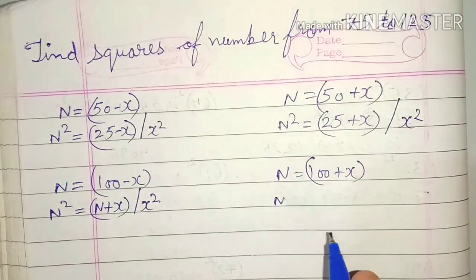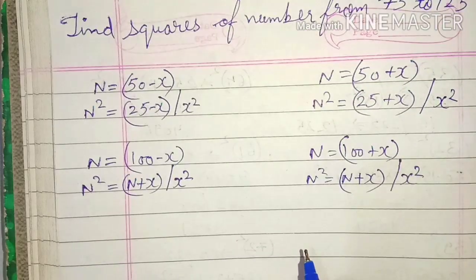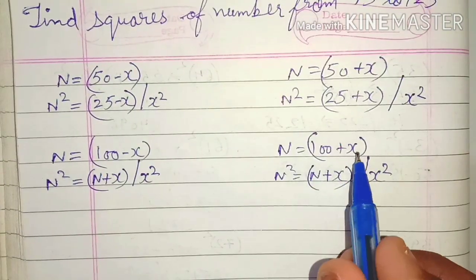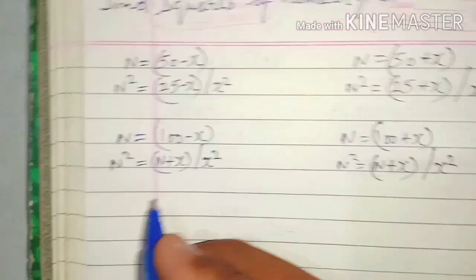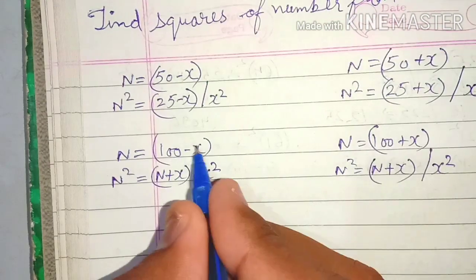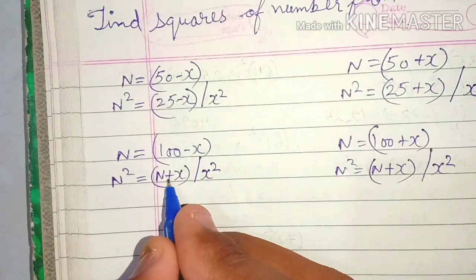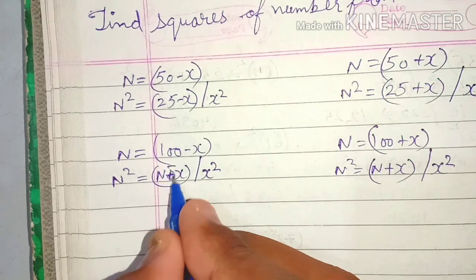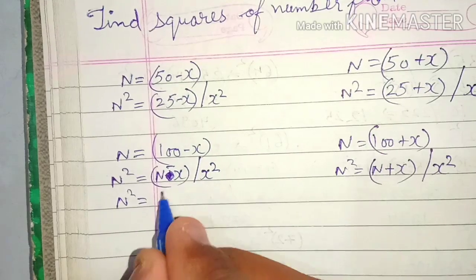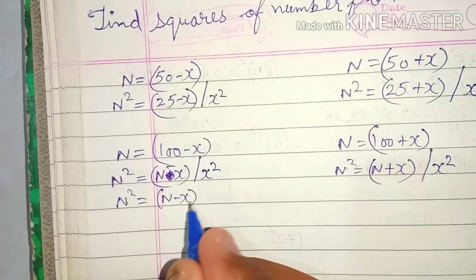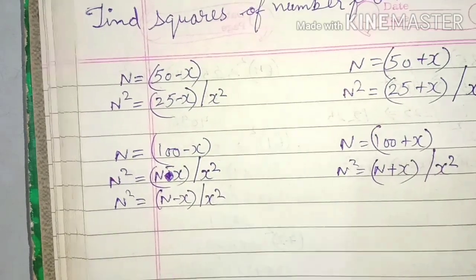In the same way, if the number is more than 100, we add the same difference to the number. On the left side, if the number is less, we subtract x. It's not plus, it's minus. I will write again: n square equals n minus x and x square.